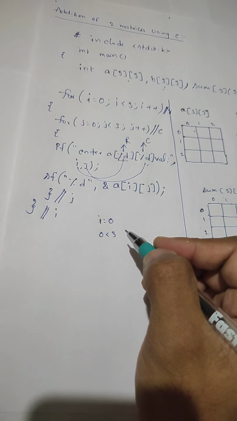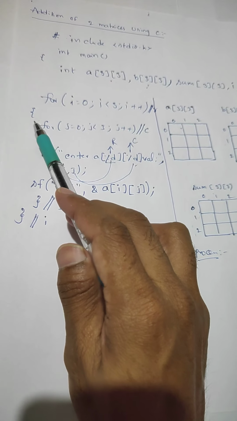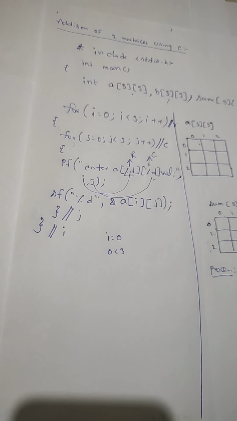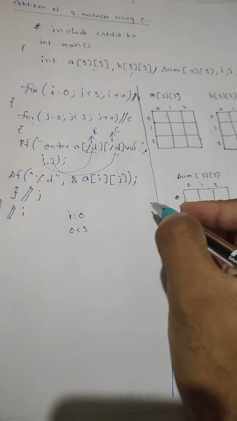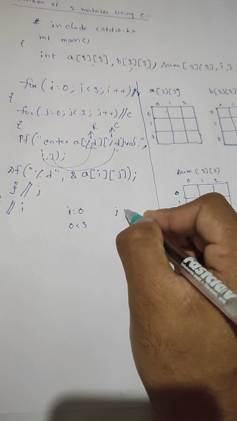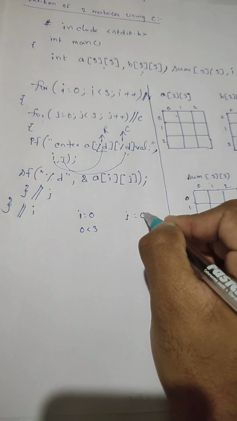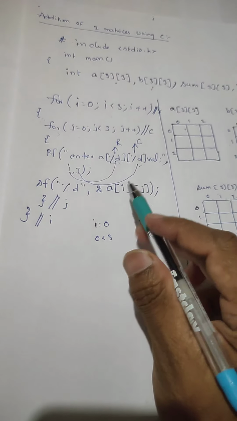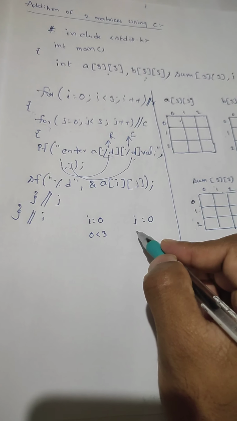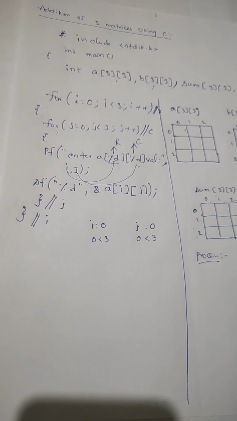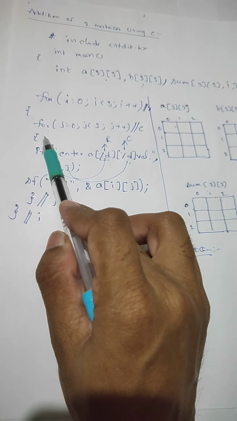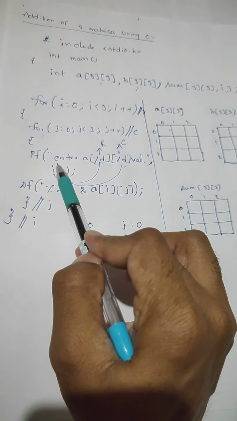The condition returns true. Then the controller enters the inner for loop. What is the initial value of j? j is 0, and check the condition j less than 3, that is 0 less than 3. The condition is true, so the controller enters the j for loop.